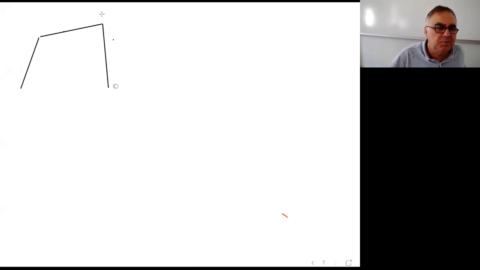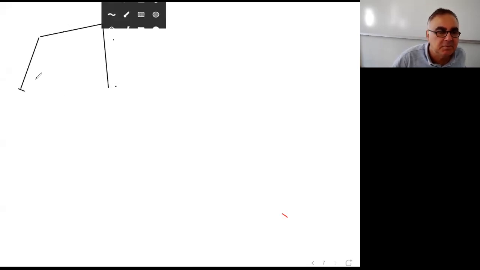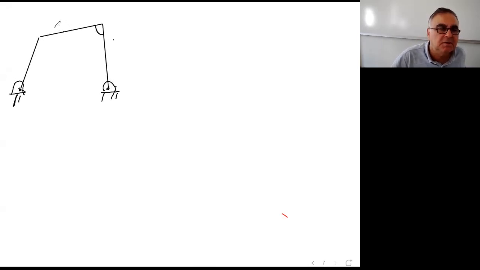Well, for this transmission angle, for a given transmission angle, there are two possible solutions. One is this one, okay, the regular position. The second is, for this angle mu, there is one more possibility, and it is this one.